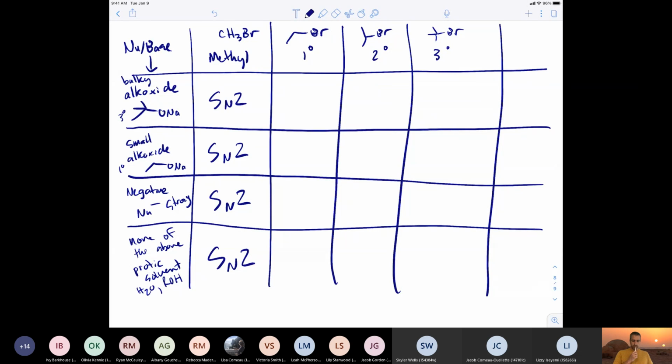Alkoxides, they're really good for elimination. They will do elimination on primary, secondary, or tertiary by E2. Looks like 16 blocks, but we don't really have 16. We have a smaller number than 16. Small alkoxides are also good for E2.